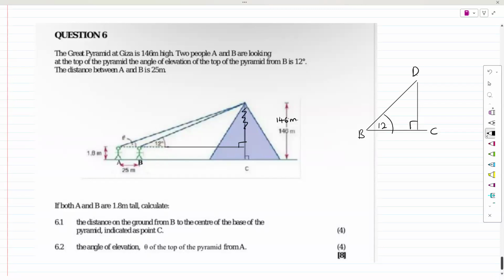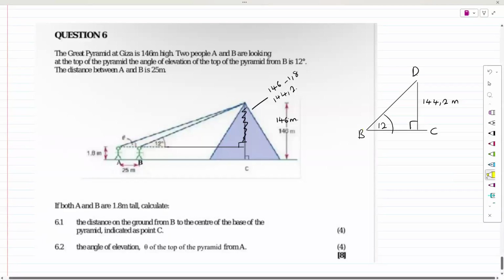This is quite easy because the entire pyramid is 146, so 146 minus 1.8 gives 144.2 meters. And all we have to do is get BD, which involves opposite, hypotenuse, adjacent.